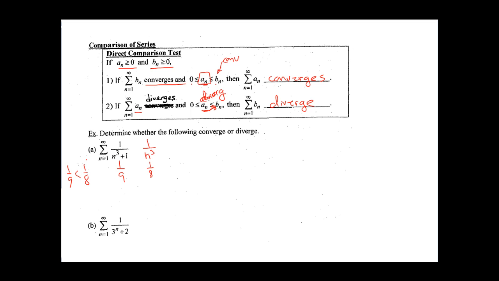Now, if we can show that this one converges, it's going to force the other one to converge as well. And by the p-series test, 3 is bigger than 1, so this one is converging. So our original series, since it's less than the one we compared it to, is converging by the direct comparison test.